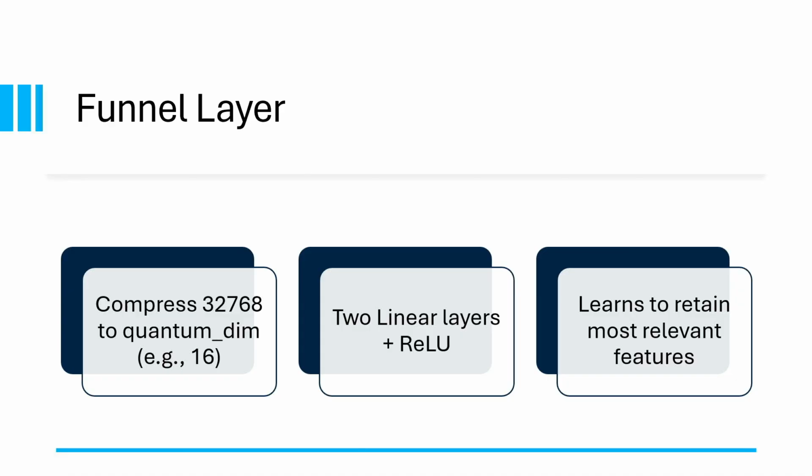In this funnel layer, the main goal of this model is to keep everything lightweight, and I pretty much trained this entire model on Colab. The main goal is to get that 32K dimensional vector into just 16, and this is done using two linear layers plus ReLU. You could call it the funnel layer or the filter layer, either one works.